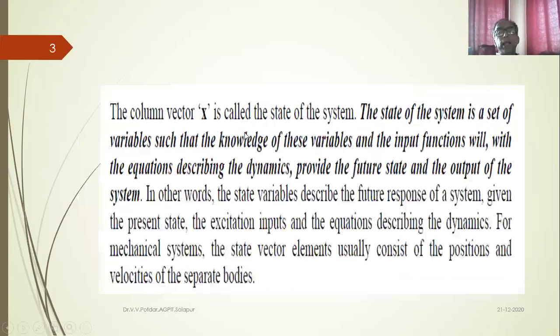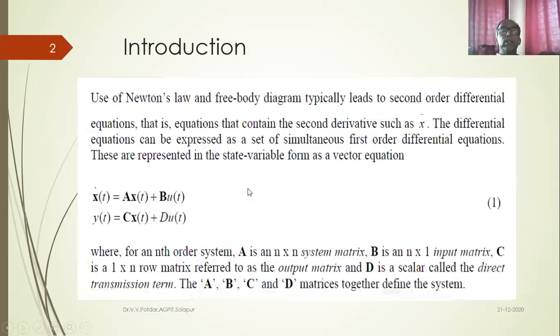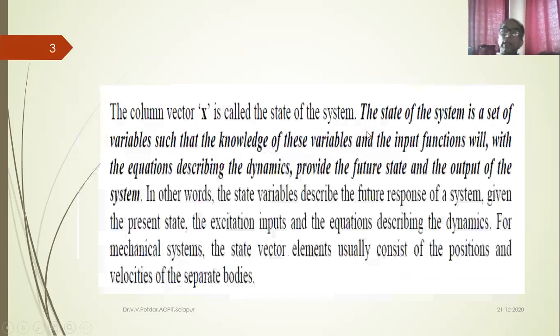The column vector x is called the state of the system. The state, please be attentive, the state of the system is a set of variables such that the knowledge of these variables and the input functions, with the equations describing the dynamics, will provide the future state and the output of the system.